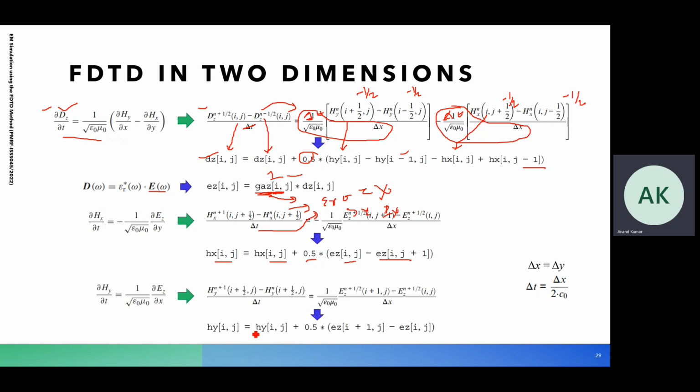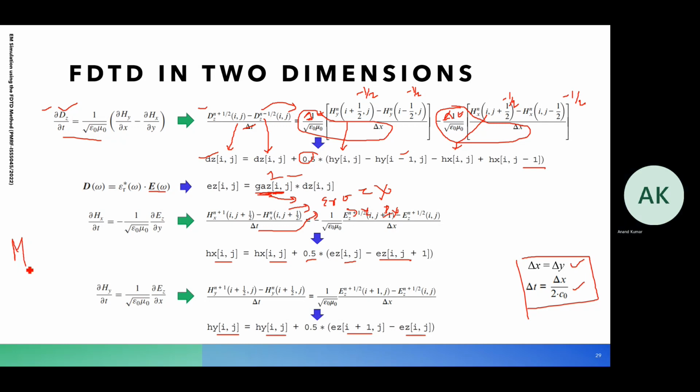And again for Hy as well. So we get the Hy in terms of the previous Hy magnetic field and the electric fields. And these two are the conditions that we are seeing. So this is the Courant condition, and we are assuming square grids. And this is all that we needed for the update equations for the TM mode.